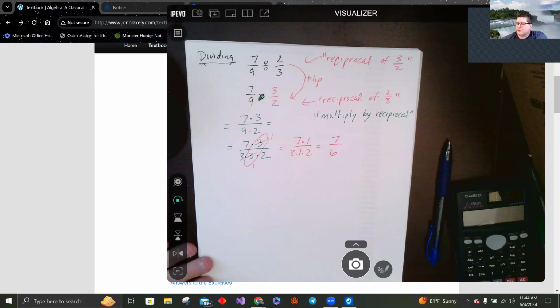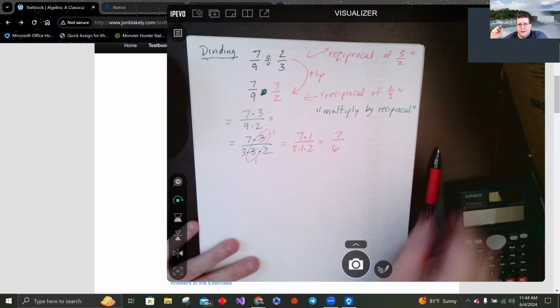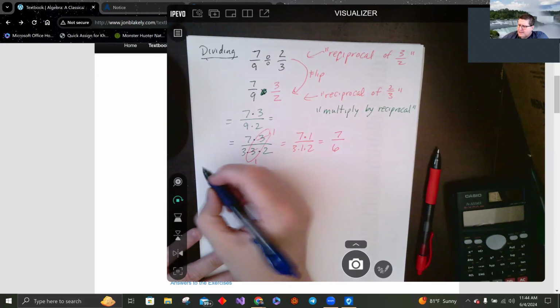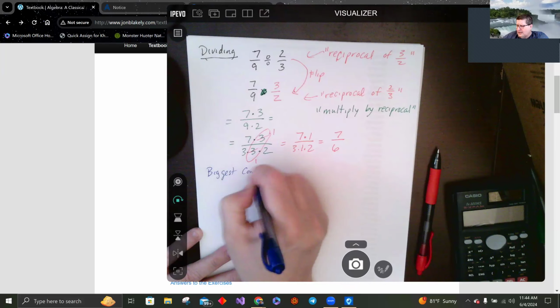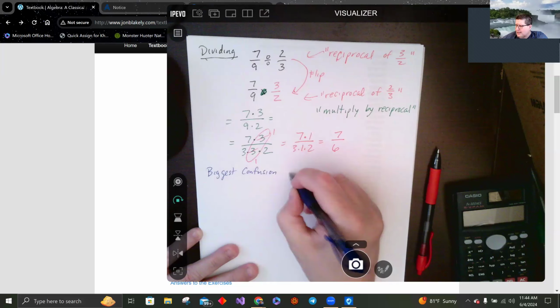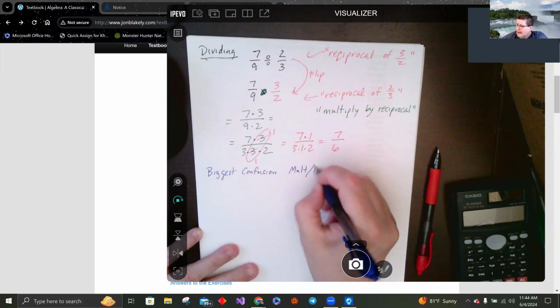This leads to confusion for students. And the biggest confusion is multiplying, dividing versus add, subtract.